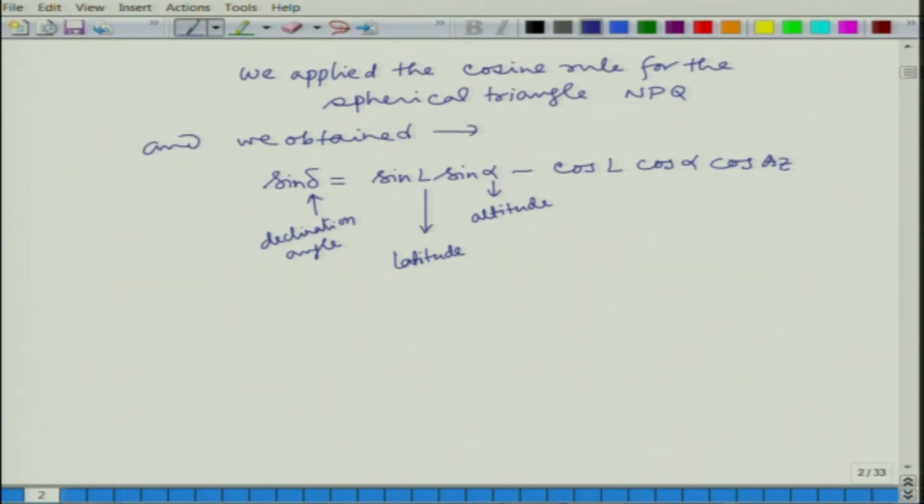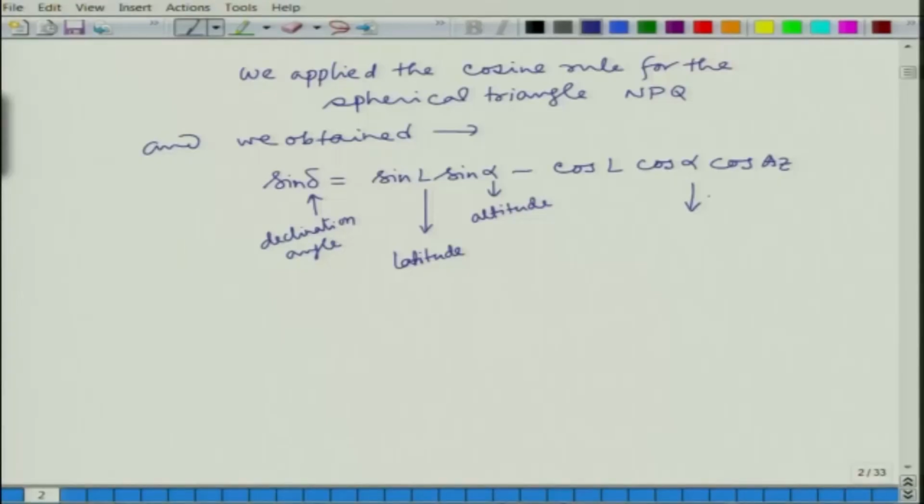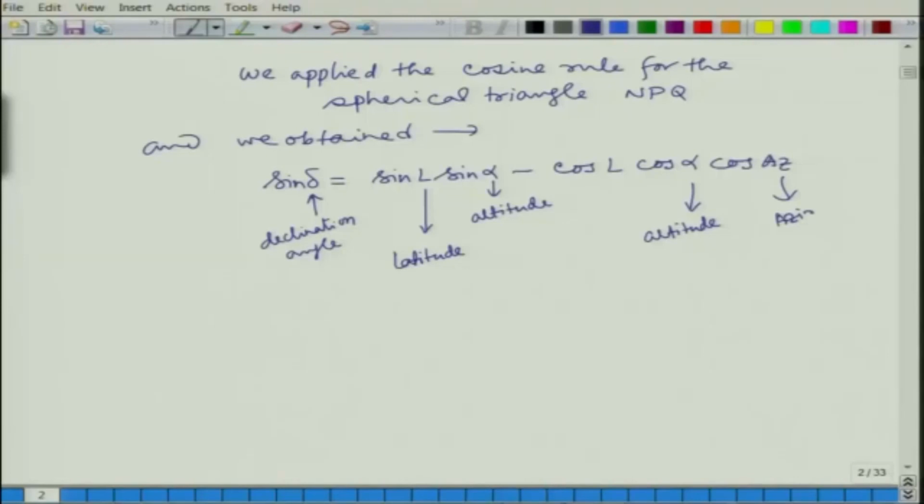Latitude starts with L, and the angle is referred to as alpha. Alpha is the Greek letter for A, and it represents the altitude angle. AZ is azimuth, which also makes sense, the azimuth angle.